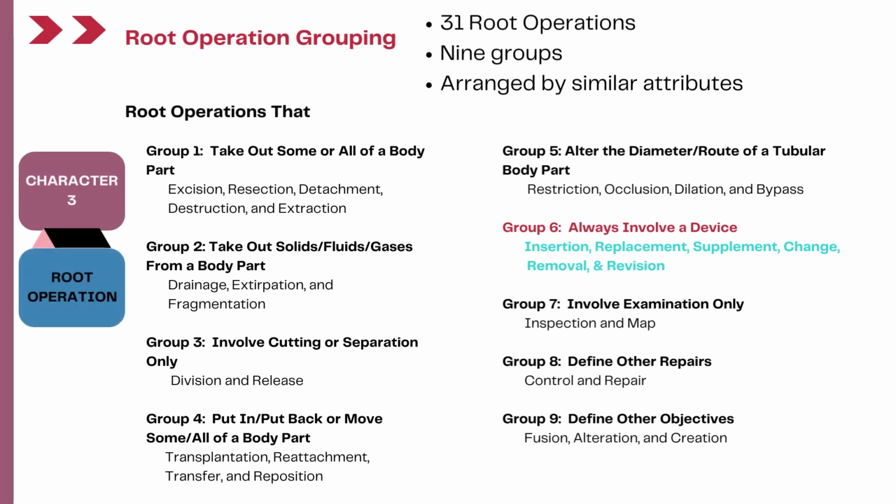So as you all know, there are 31 root operations in the medical and surgical section, and these root operations are divided into 9 groups based on similar attributes of surgical procedures. Today, we are looking at the sixth group, which talks about root operations that always involve a device.